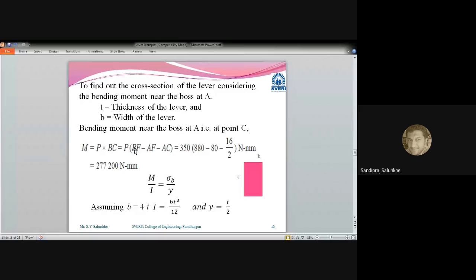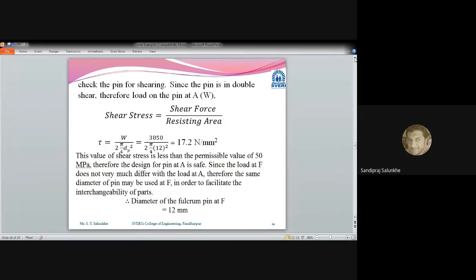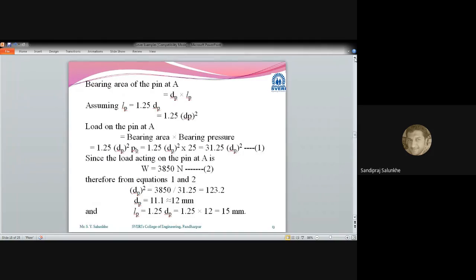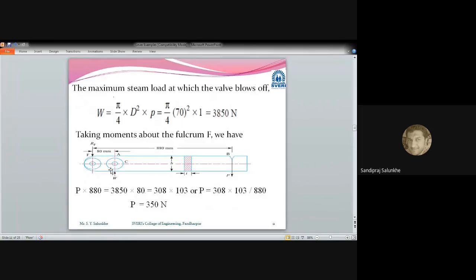That is P into BF, the distance from B to F, minus AF, that is the distance of 80, and minus AC distance which we have calculated, where A is at the center point and C is at this point.